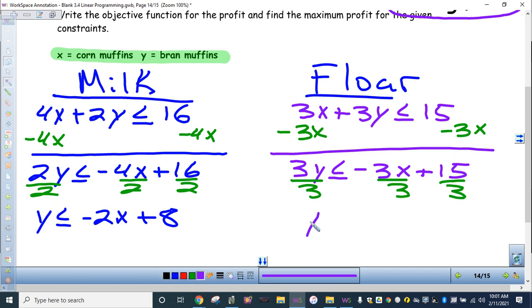So we get y is less than or equal to negative 1 over 1x plus 5. I just write it like that so I can have a slope. So if you like doing that kind of thing, you can put negative 2 over 1x there, just to remember that. Then I will copy this to the next page.